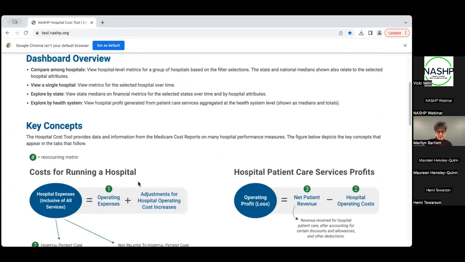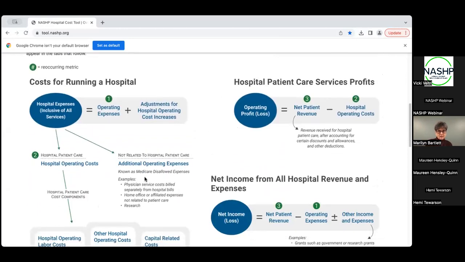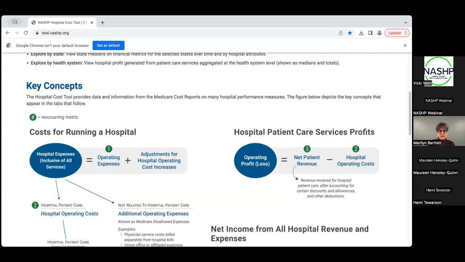Now we've added a section, per state request, on the key concepts. There was confusion as far as what hospital operating costs were versus operating expenses. So let me take you through the left-hand side here. The hospital expenses inclusive of all services include the operating expenses that the hospital reports on their Medicare cost report.